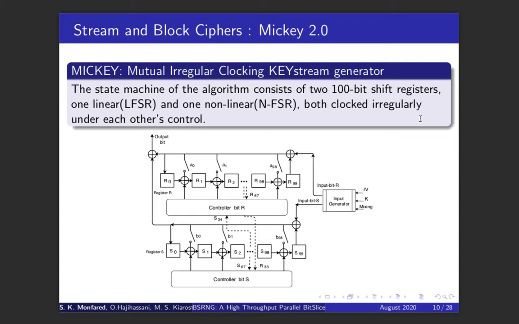One of them is linear, of course, and the other is a nonlinear shift register. They are controlled by simple, well, not that simple, but simple controller bit R and bit S functions, and they are clocked under each other's control. This is basically used to encrypt data, but when organized in a certain way, it could also be used to generate random bit sequences.